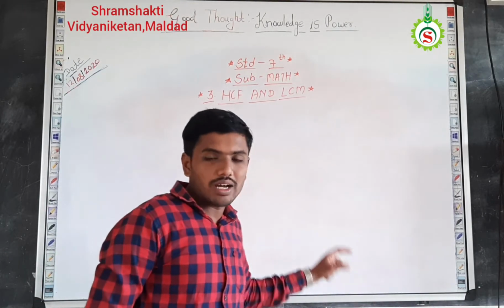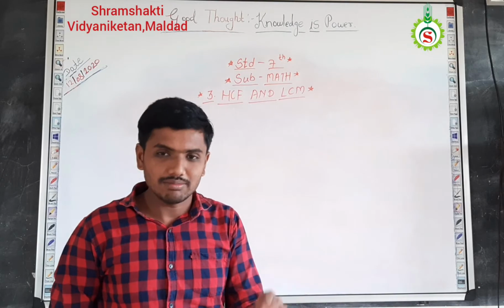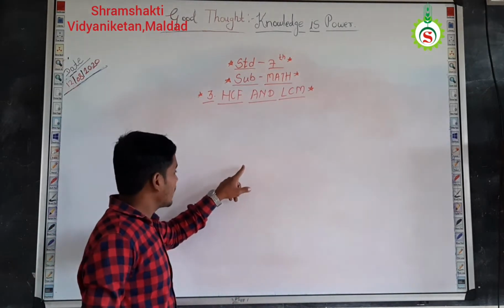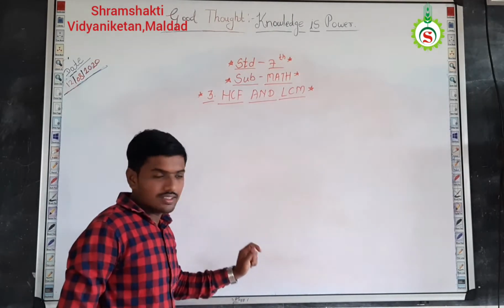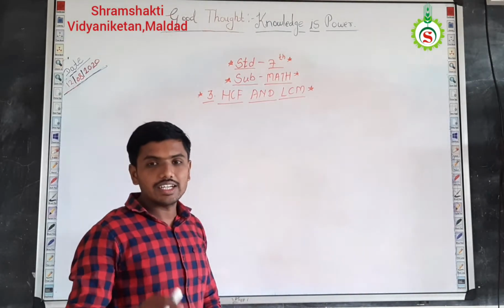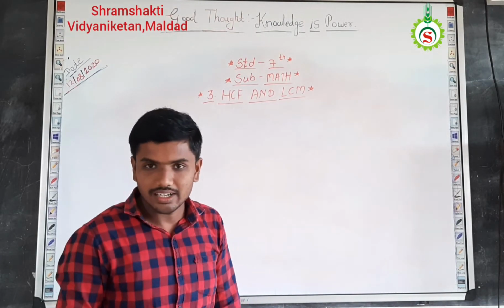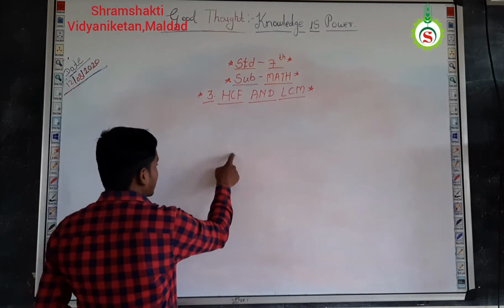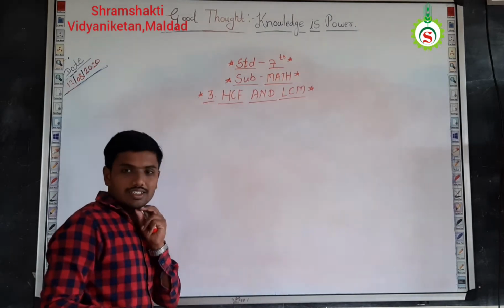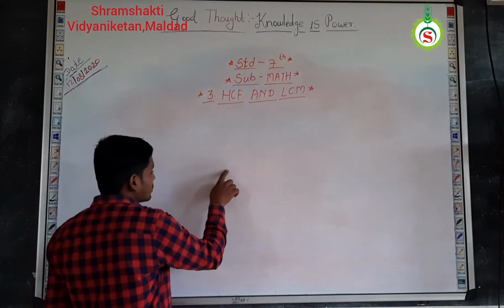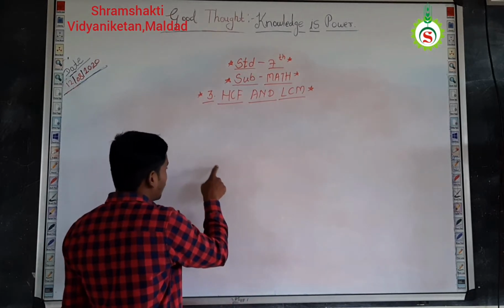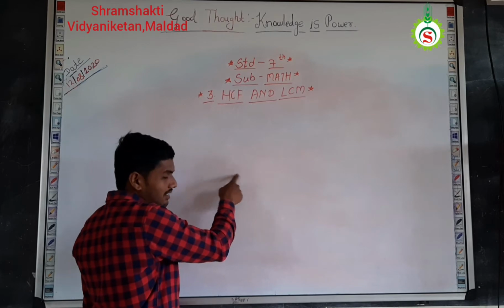Again, the second method for finding the HCF is the division method. So division means I have to divide the larger number by the smaller number, and I have to continue that division up to where I get 0 as a remainder. If you get a remainder other than 0, then what you have to do? You have to do the same division again. That means you divide the divisor by the remainder.